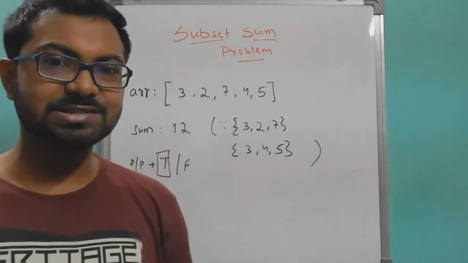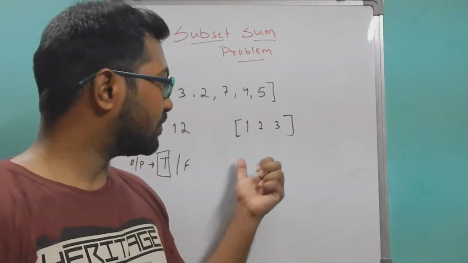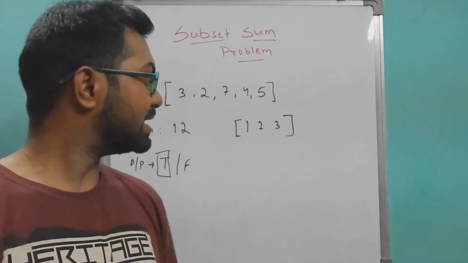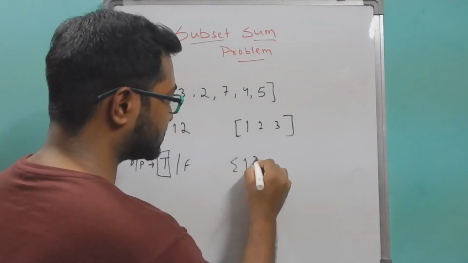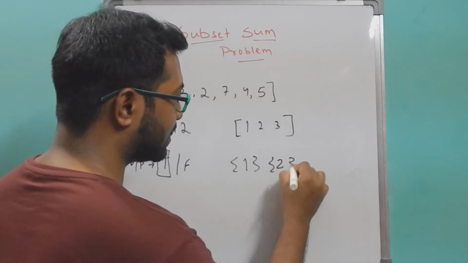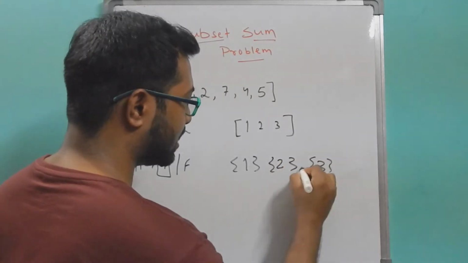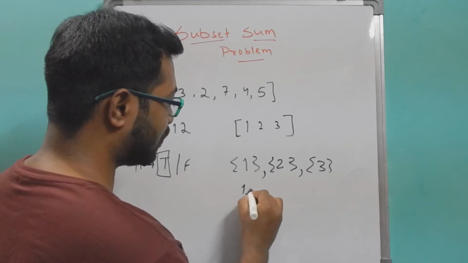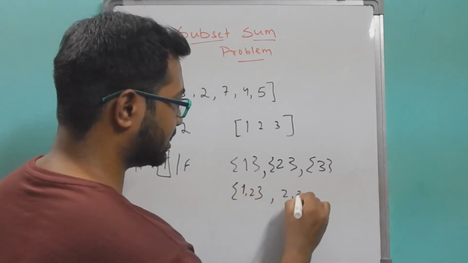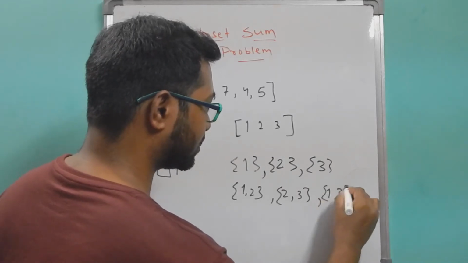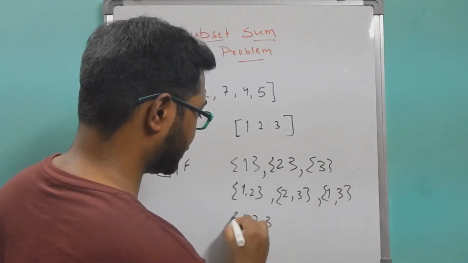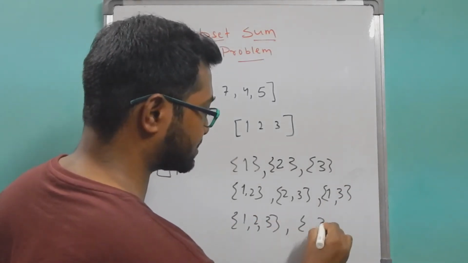Now what exactly are subsets? Let's take an example of an array 1, 2 and 3 and see how many subsets are there. So 1 is a subset, we have a 2, we can have 3, and these are all subsets. You can have 1 and 2, similarly 2, 3 and 1 and 3, 1, 2, 3, and we can have an empty subset as well.